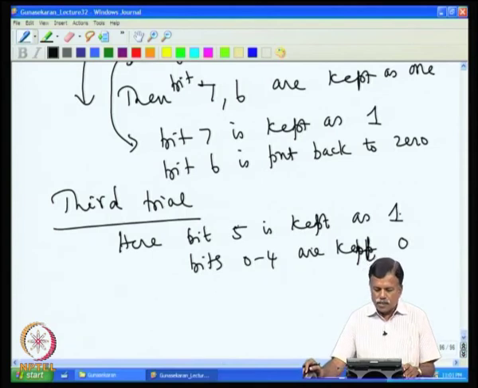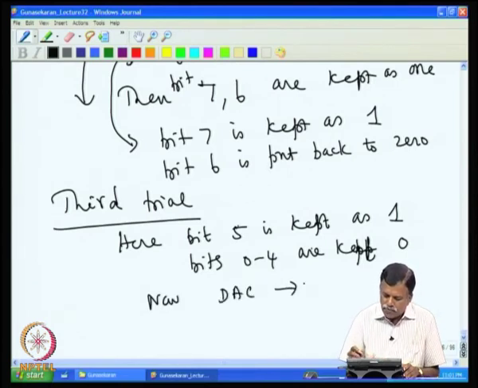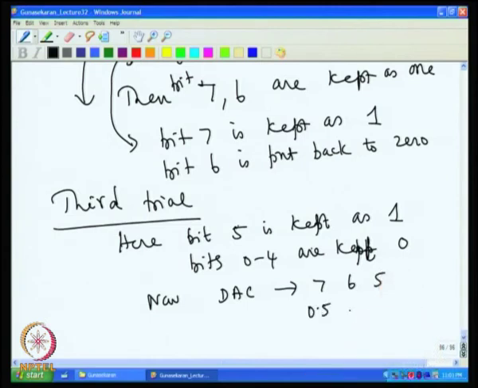Now the DAC output will be: if 7, 6, 5 are high, so this has been 0.5, this has been kept to 0.25 and this is 0.125 that have been added.